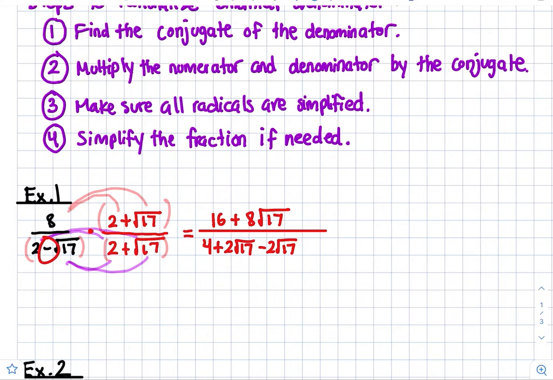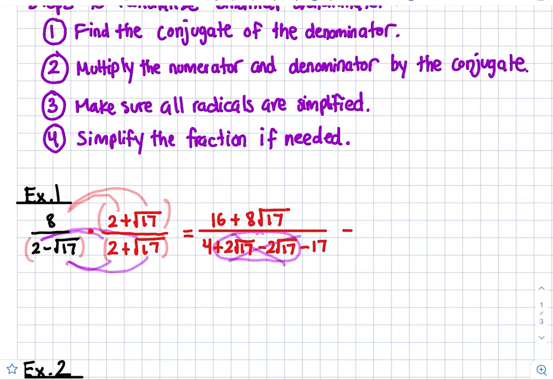Notice it's a negative, so we have negative square root of 17 times square root of 17, which is just negative 17. Now we can combine like terms: we have a 2 rad 17 and minus 2 rad 17, so these cancel.